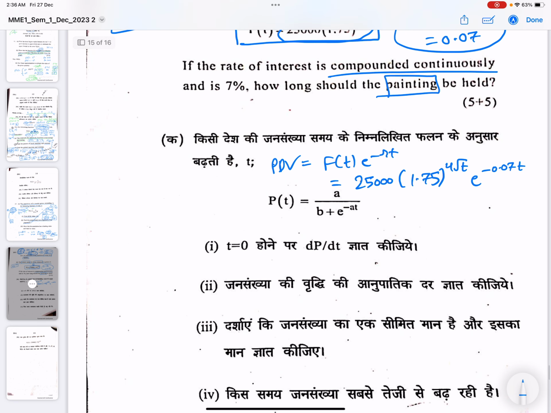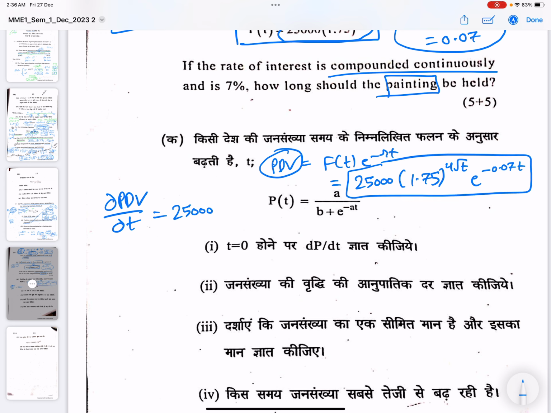Now to know at which particular point this present discounted value would be maximum, we need to differentiate this with respect to time. 25,000 is common.